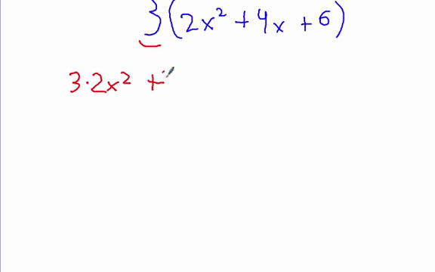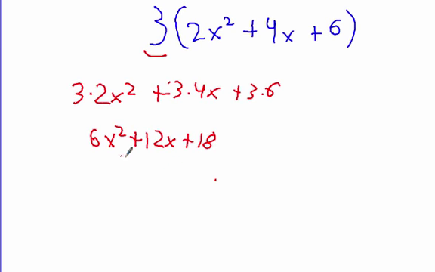So I get 3 times 2x squared plus 3 times 4x plus 3 times 6. Now I simplify these. 3 times 2x squared, that's 6x squared. 3 times 4 is 12x, and 3 times 6 is 18.